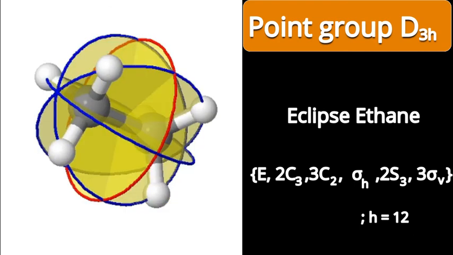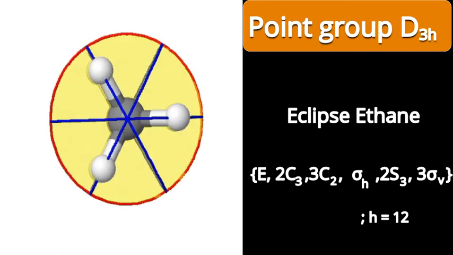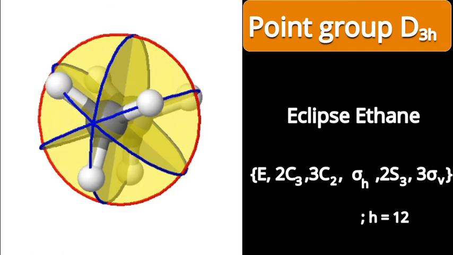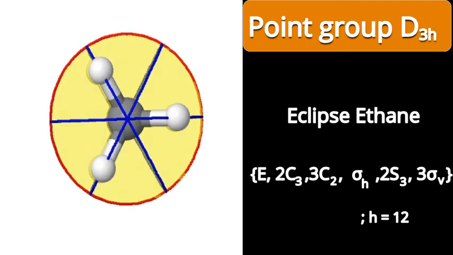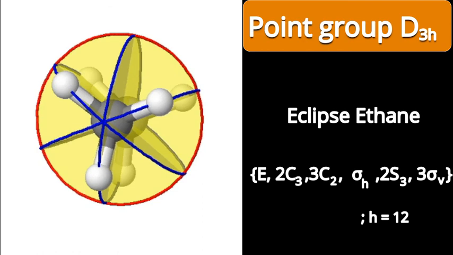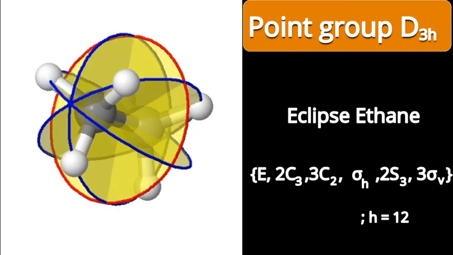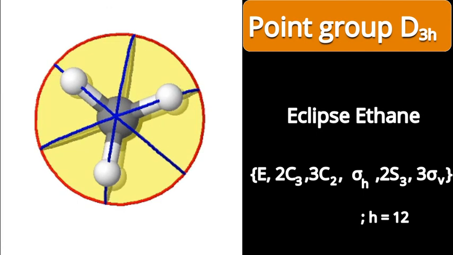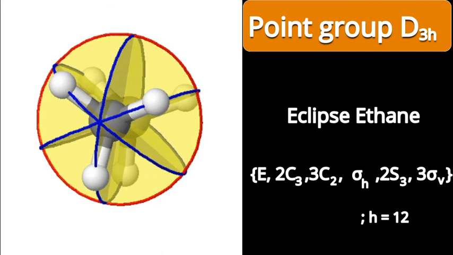And the vertical planes pass through the carbon-carbon bond, and they take a carbon-hydrogen bond of one carbon and a carbon-hydrogen bond of the other carbon. Three such planes are possible. Each plane passes through four atoms, two carbons and two hydrogens. So the total vertical planes are three. Can you imagine?